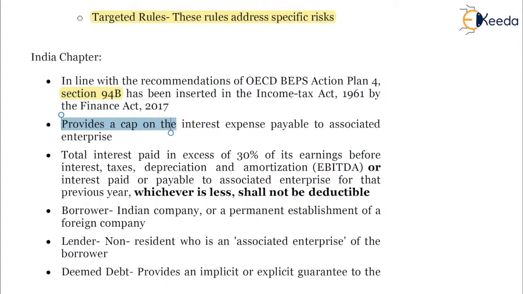It provides a cap on the interest expense payable to associated enterprises, that is, intra-firm loans, wherein a non-resident associated enterprise is providing loans to a resident Indian company or to a non-resident who has a PE, permanent establishment, in India.